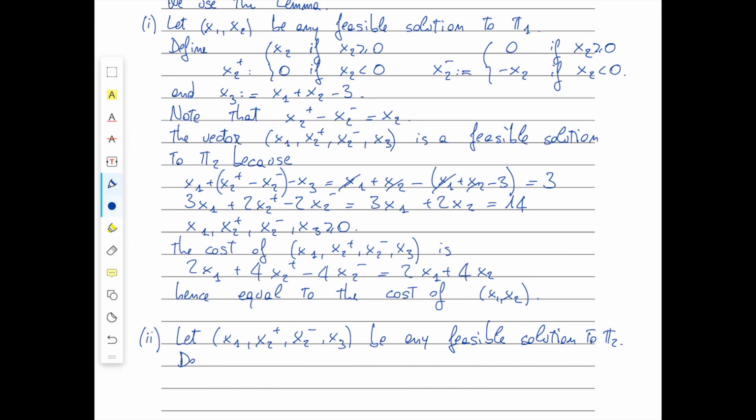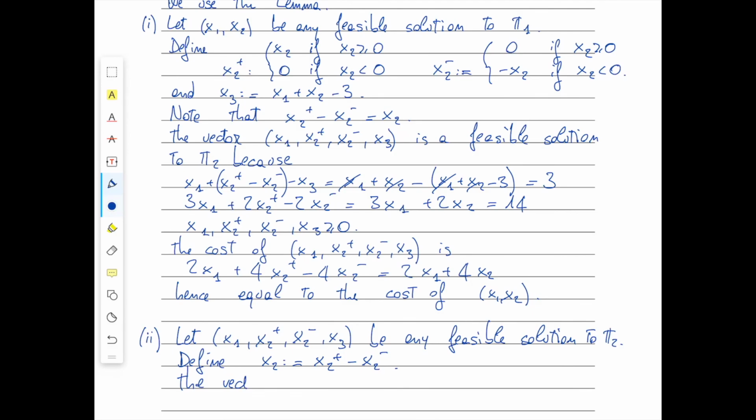We now have to define the corresponding solution to pi1. So x1 is always the same, so we only need to define x2, which is of course x2 plus minus x2 minus. And then we check feasibility.